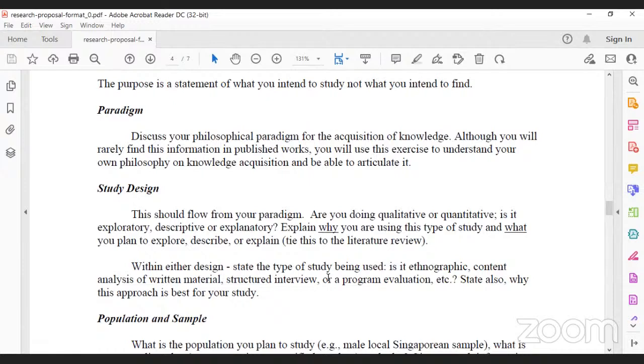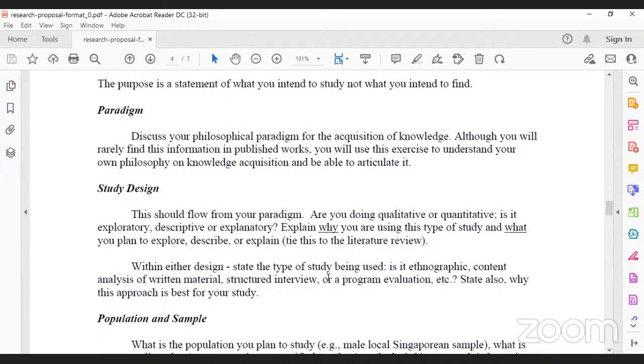There is content analysis, there is thematic study, there is ethnographic study, there is phenomenological study design. All of them are analyzing the data qualitatively. You should be able to answer why, if you have used thematic study, why thematic study is the best approach for your study.